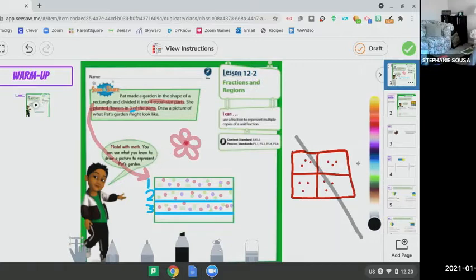This is incorrect because my directions say there are flowers in 3 of the parts. This has flowers in 4 of the parts. 1, 2, 3, and 4. Wrong.